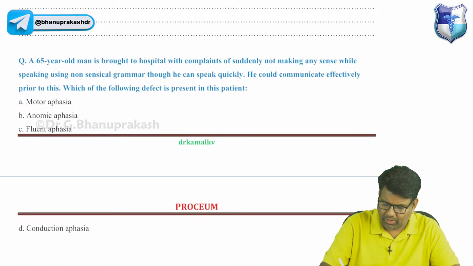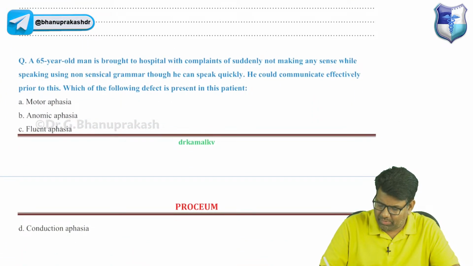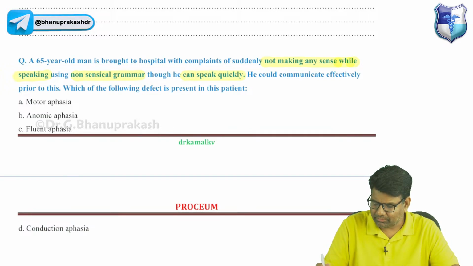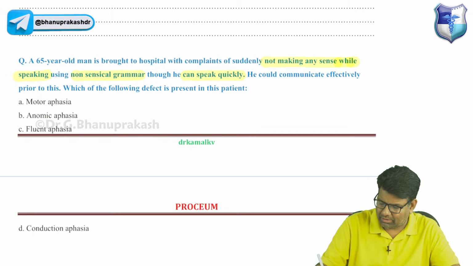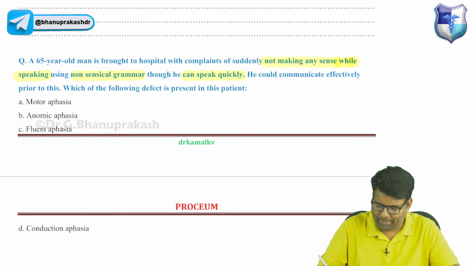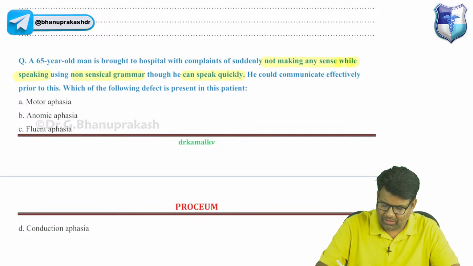Next question. An elderly male is presented with a complaint of not making any sense while speaking and nonsensical grammar, though he can speak quickly. He was communicating normally before this. So what is this?